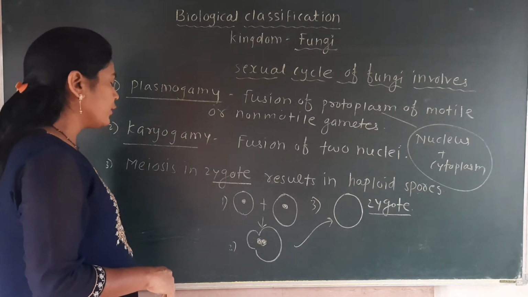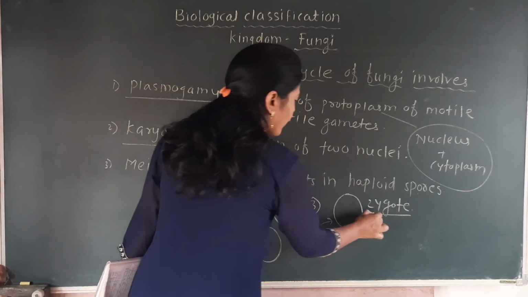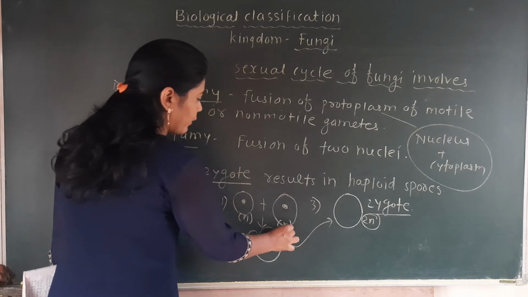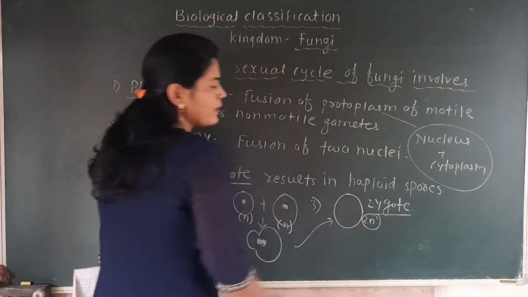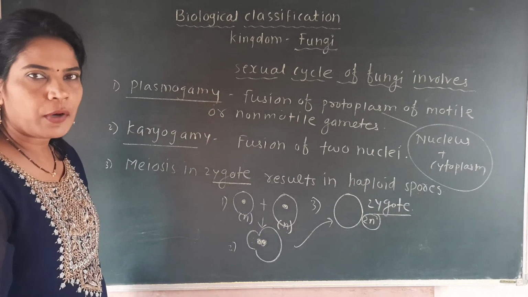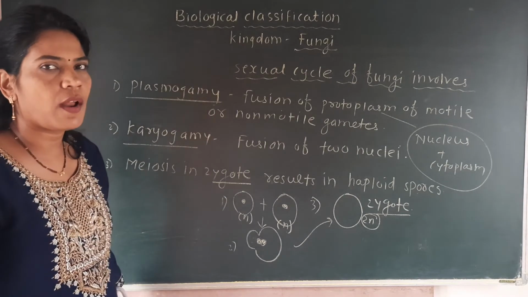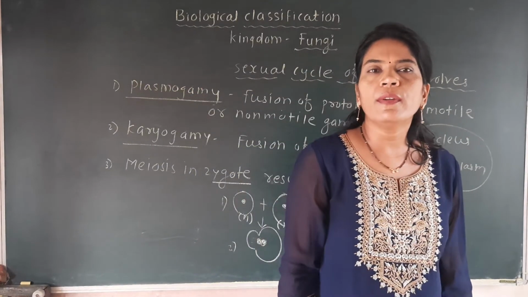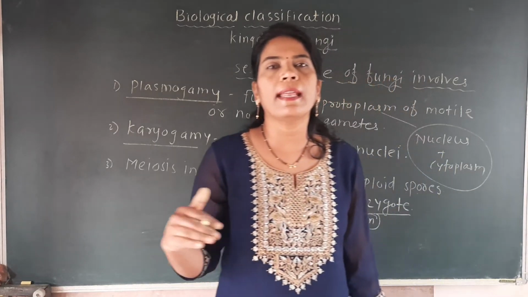And here you will find that the zygote is always diploid. Why diploid? Because gametes are always haploid. So after fusion of these two haploid gametes, there will be a diploid zygote. In that diploid zygote, a reduction division occurs, and the reduction division is called meiosis. In the same year you are going to discuss the cell division topic, where you will discuss mitosis and meiosis.